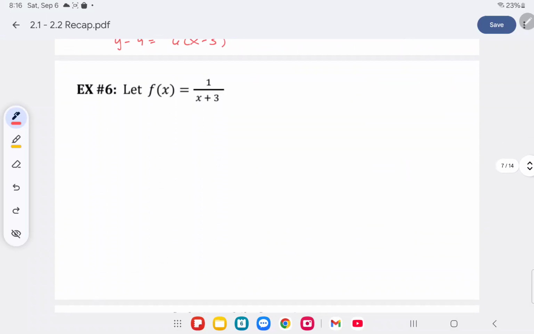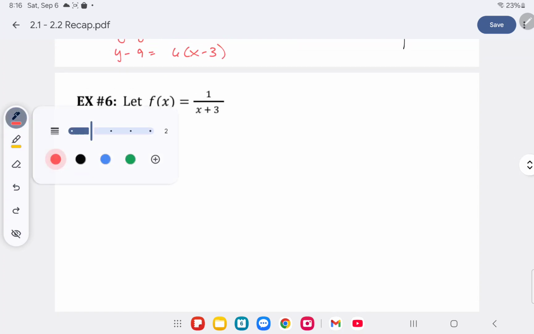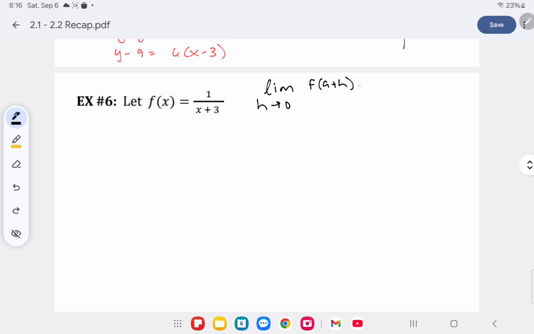Let's try that for another example. One more example. So I'm going to jot down that difference quotient again. It's the limit as h approaches 0 of f of a plus h minus f of a, all over h.